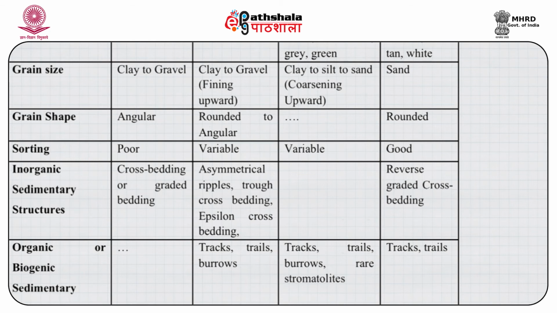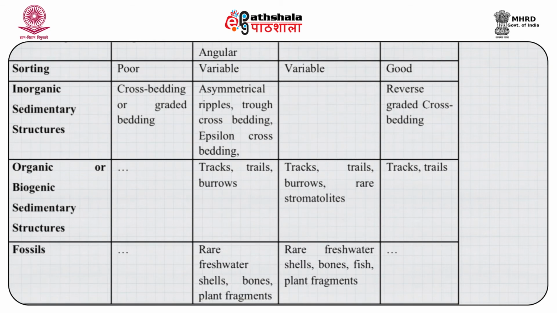Sorting is also good. They are rounded because the attrition process is very much active in desertic sediment. So, rounded grain is expected. Various types of cross bedding are expected in a desertic environment.